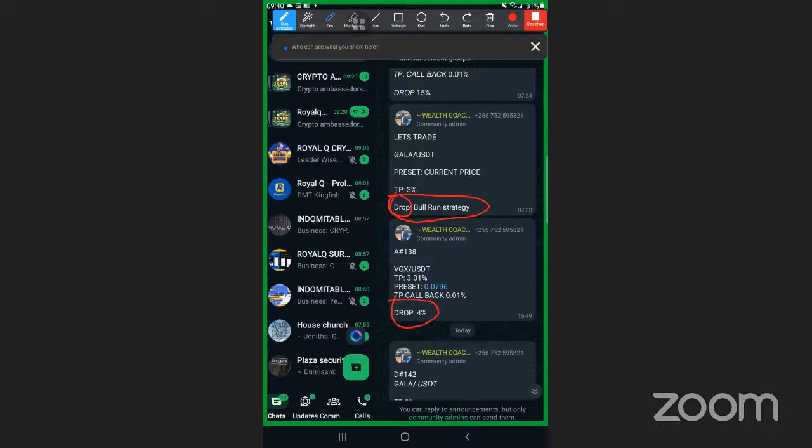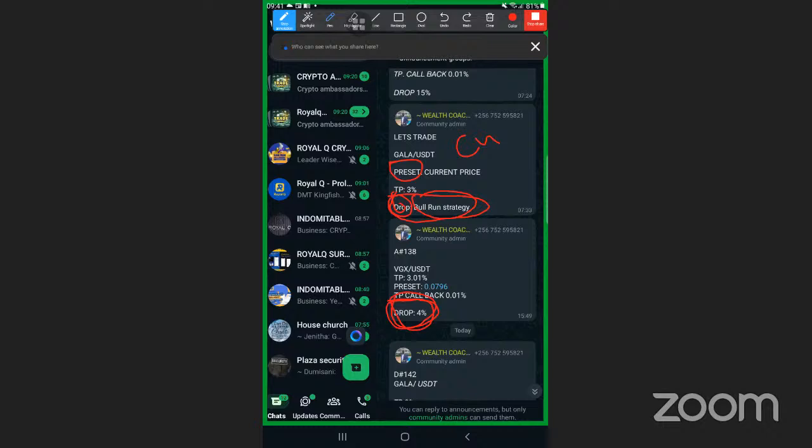So I want you to understand one thing when we start setting our trade. I want you to put these two things in mind. We are looking at preset price and current price signals, and we are looking at a drop that is a bull run strategy and a drop that is given. So when a drop is given, how do we go about it?